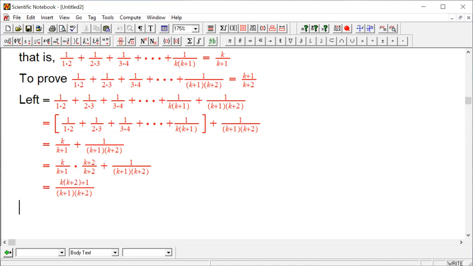Then we keep the same denominator and distribute the K to K plus 2. So we got K squared plus 2K plus 1.